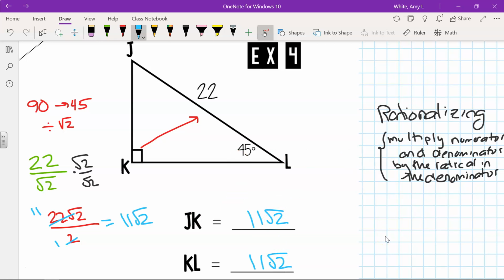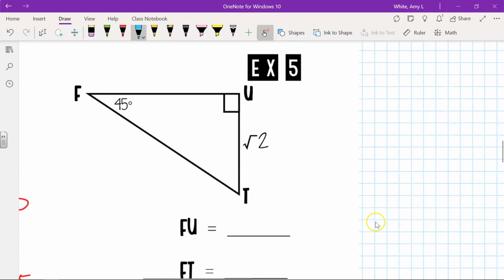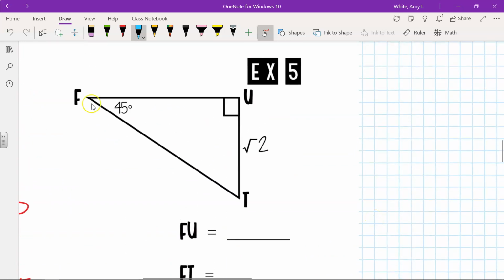Let's try 2 more examples. In example number 5, they tell me the segment UT is square root of 2. Well, that means that the other leg is going to be the square root of 2. So UF is also the square root of 2.